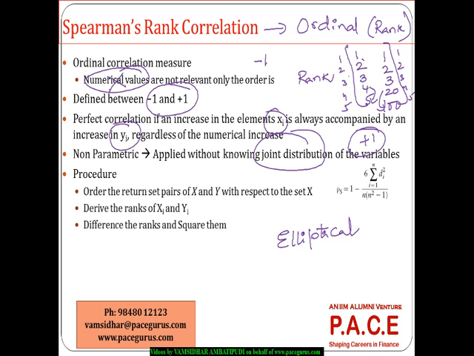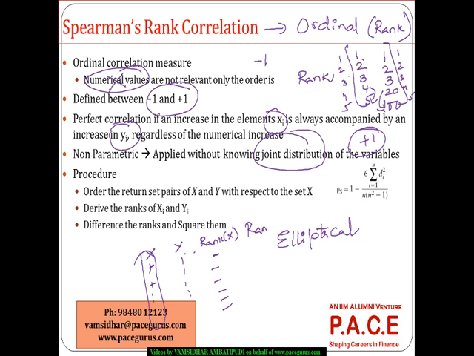So the simple way is, if I am given two variables x and y, take them, then find the rank of x for each value. For this particular value, what is the rank in this whole set? So for each of them, rank them.